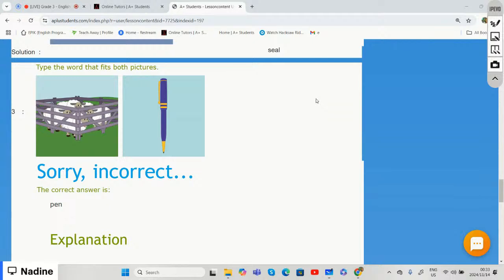If we look at the word that matches both of the pictures, then we can say it is a pen, because this is a pen that you write with.